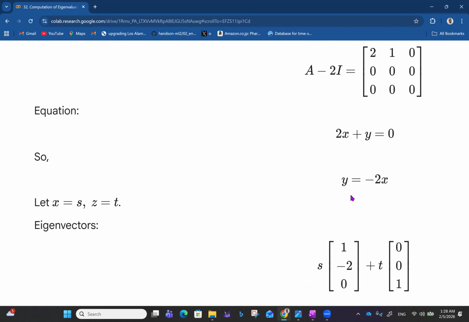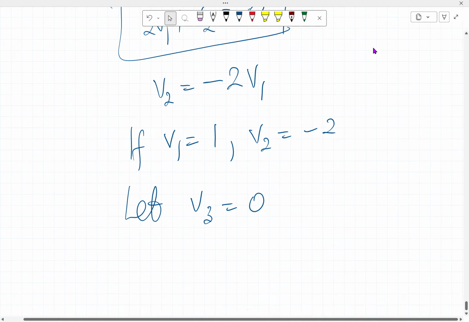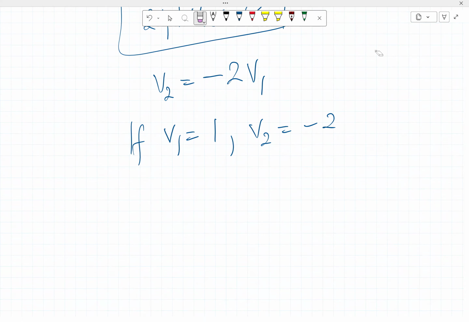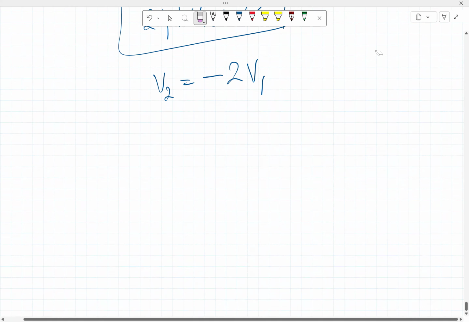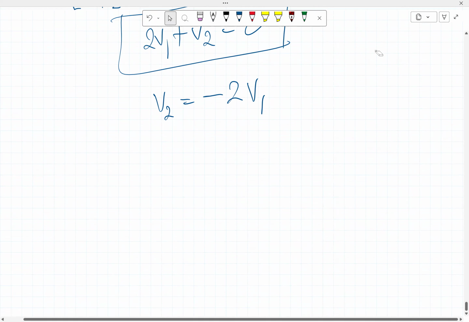So let's do this kind of thing I did the other time, when I was looking for basis and dimensions or something like that. Maybe we can just work with what we have here.